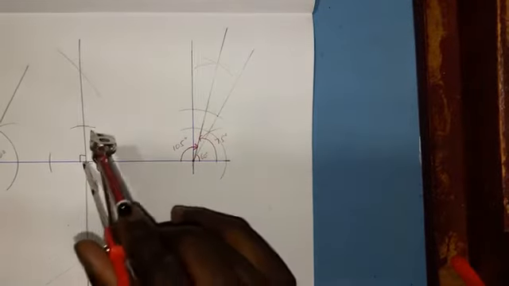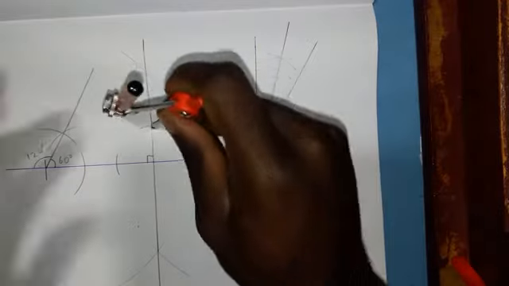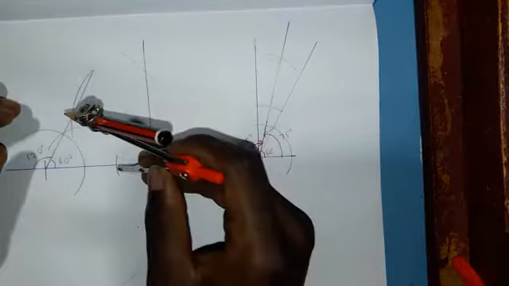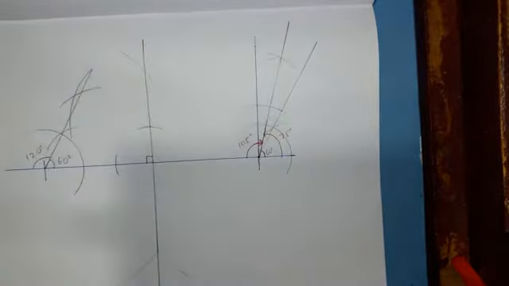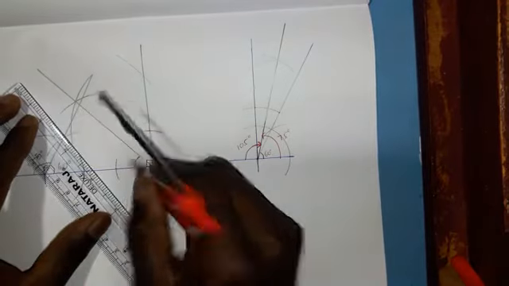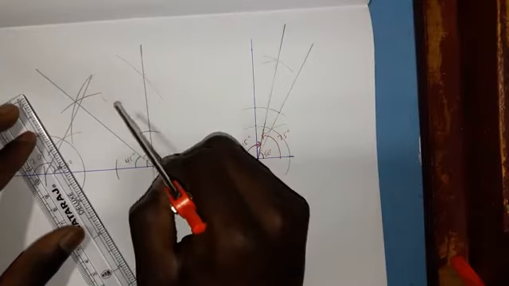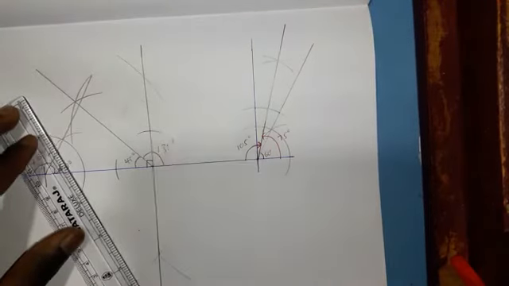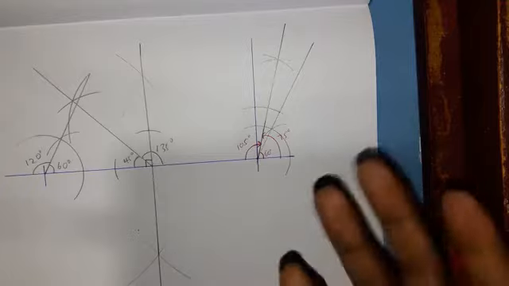I draw those two arcs with the same radius. Just extend it up. Draw two arcs. If you join those two, you'll notice that this is 45 degrees. What of the remaining one? It is 135 degrees. Those are the very special angles they can ask you to play around with.